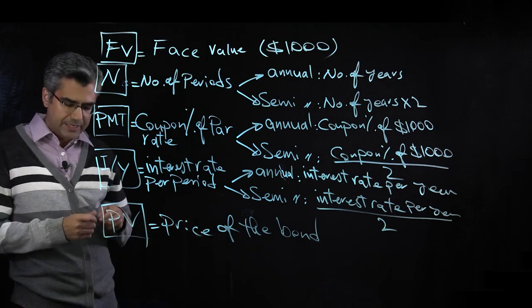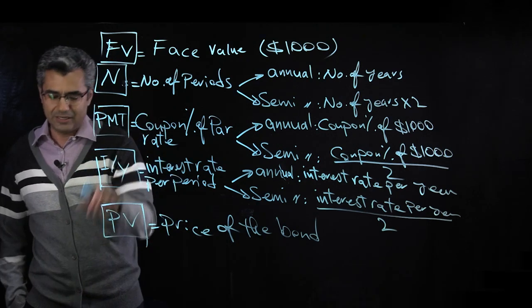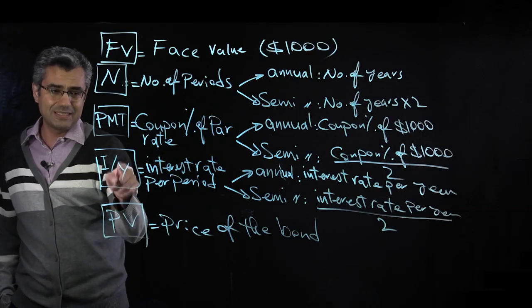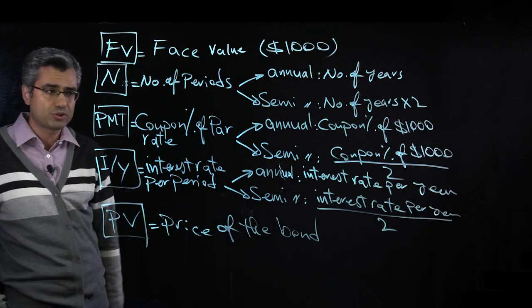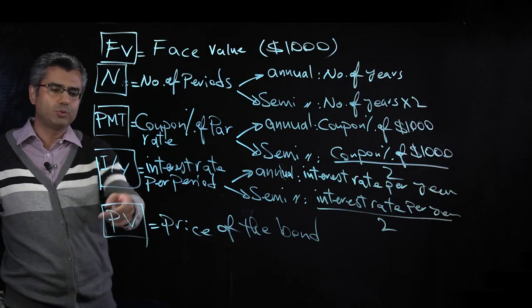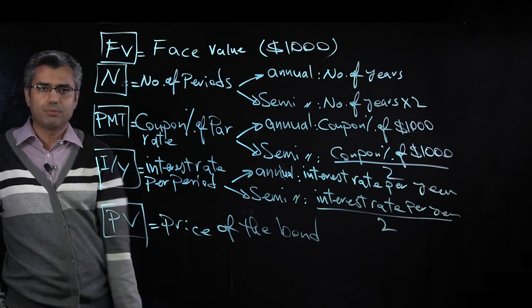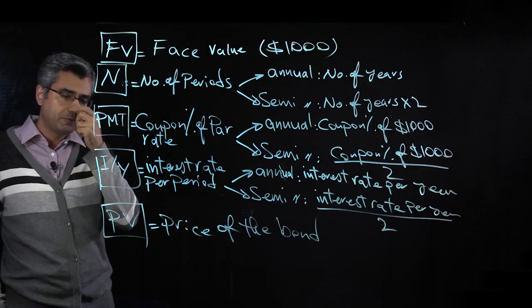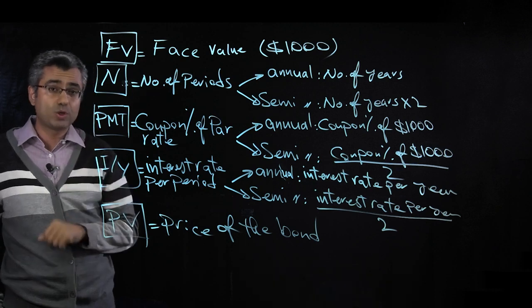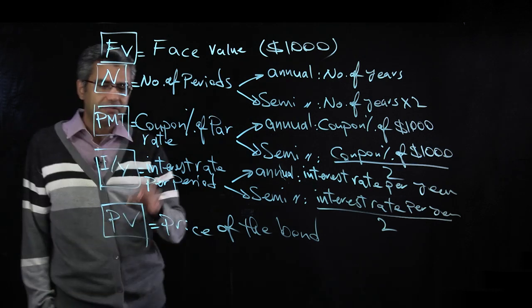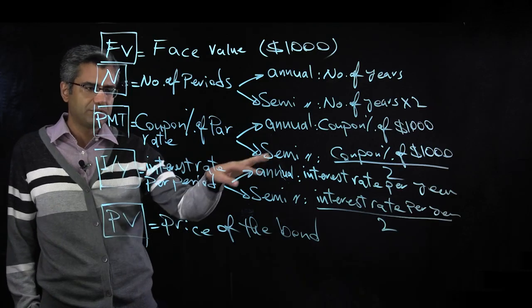If I gave you everything except the interest rate and asked you to compute the interest rate or yield to maturity, then you enter these 4 and then compute the interest rate. If it was annual, it's very straightforward.